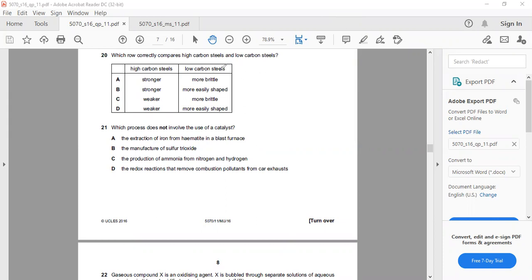Low carbon steels are more brittle, wrong. More brittle, wrong. A and C are wrong. Okay. More easily shaped, yes. It's harder and stronger. B is the answer.